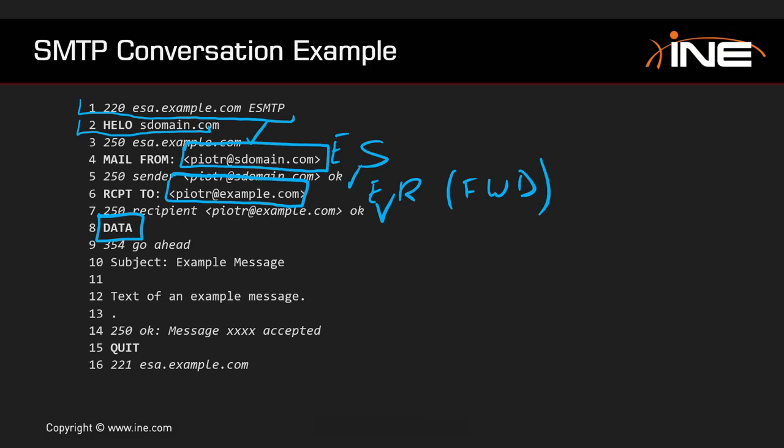We can optionally define some of the header fields, like in this case, we see a subject. A header field always ends with a colon. Then we specify our message, and then to finish the email, you simply put a dot on a single line. It says accepted, and then quit means that we want to terminate the SMTP and also the TCP connection.